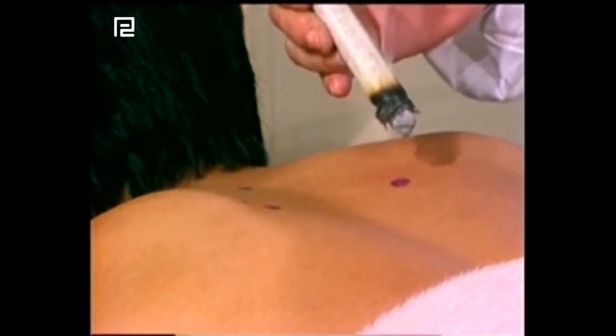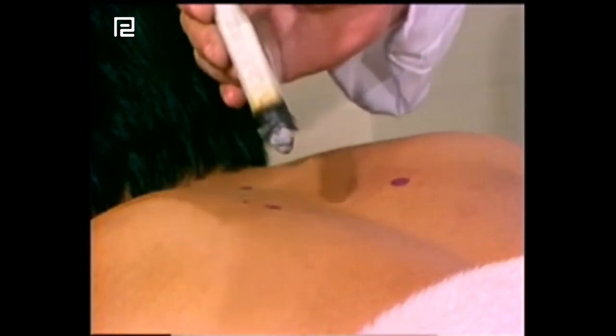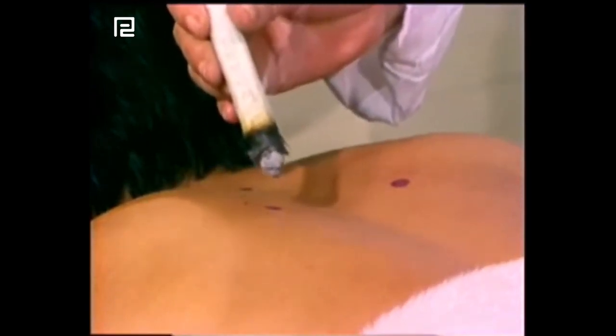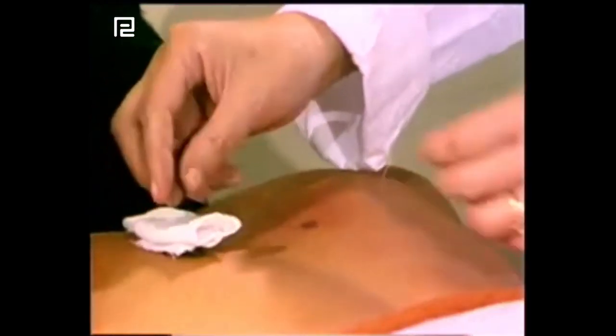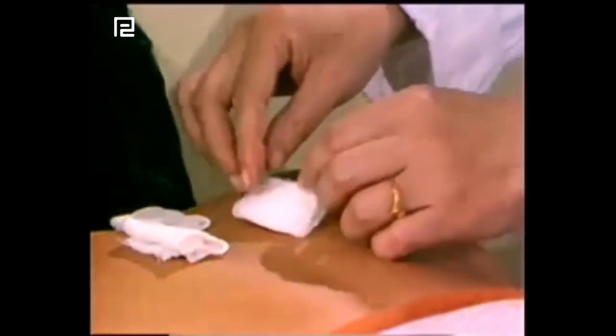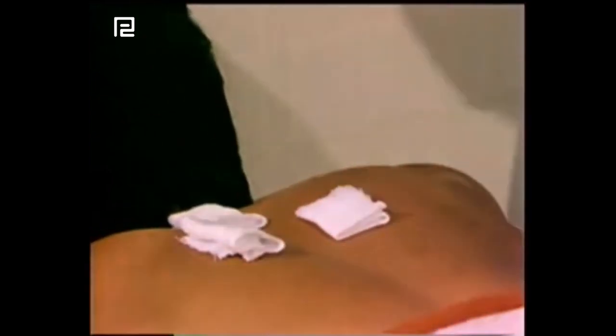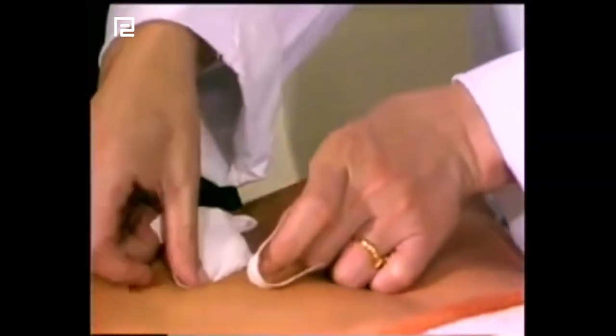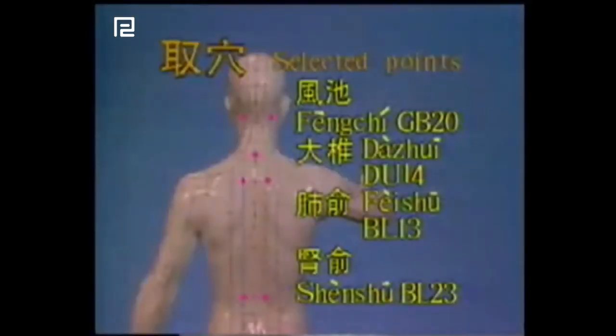Repeat once every 10 days, with 3 times as a course of treatment. If the patient suffers a more severe condition, which happens frequently, and is also accompanied by severe headache, then use the following prescription instead.